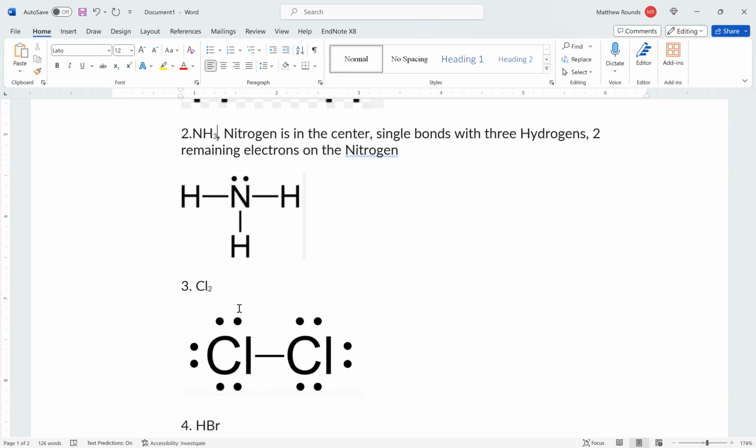Yeah, there's no center on this one. It has 12 remaining electrons. You want to say on each chlorine, there's six dots. You would say six on the chlorine, or on each of them.